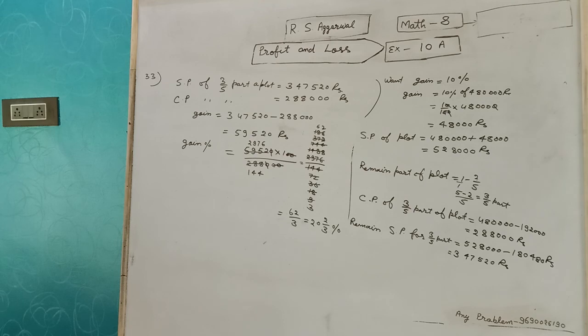The remaining 3 upon 5 part should be sold at this gain percent.